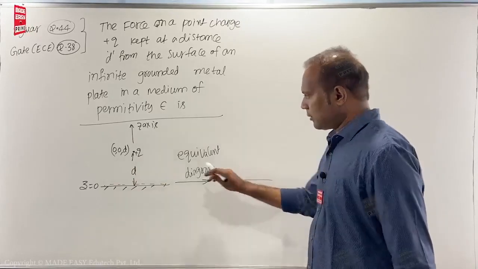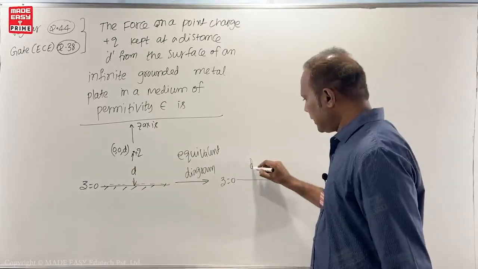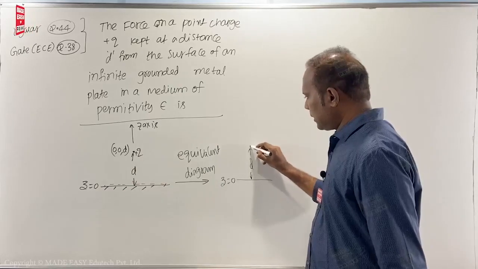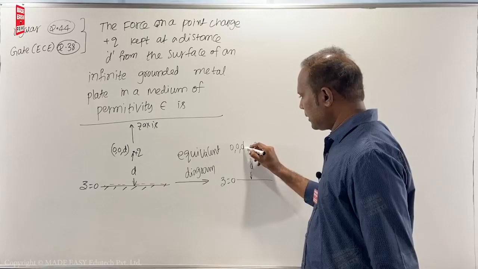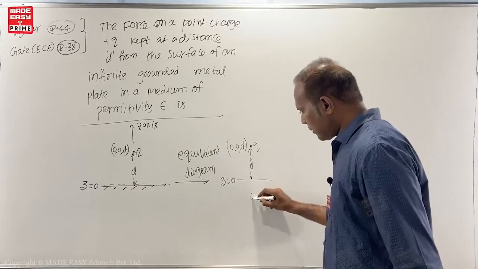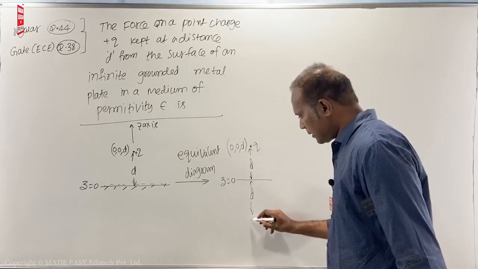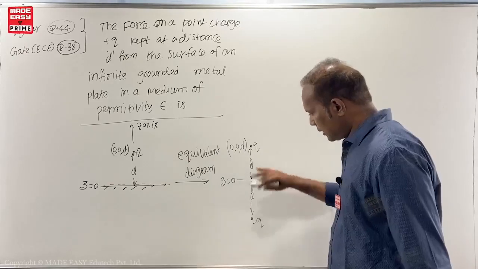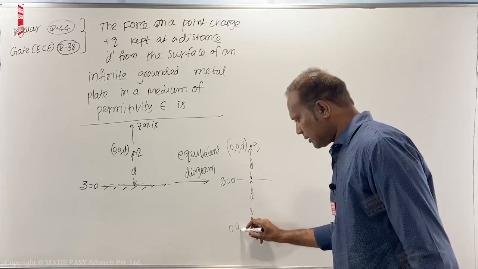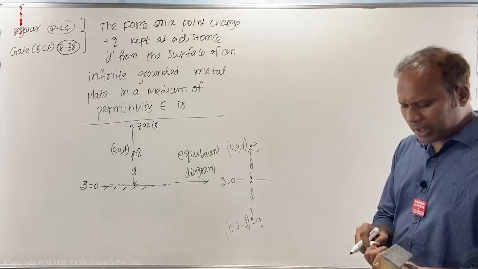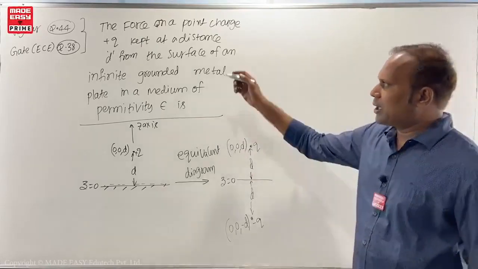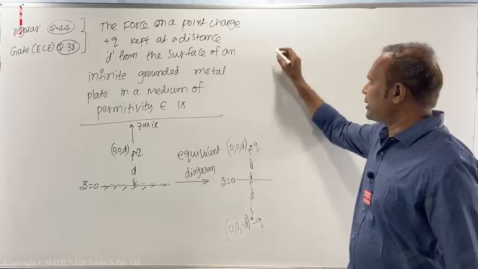Then at a d height here plus q charge is there. That means location is 0, 0, d. Then again bottom side at d depth here minus q, that is image charge at 0, 0, minus d location it should be there.